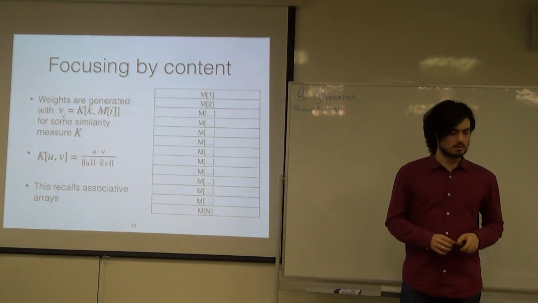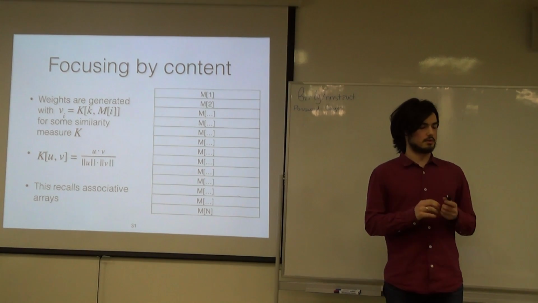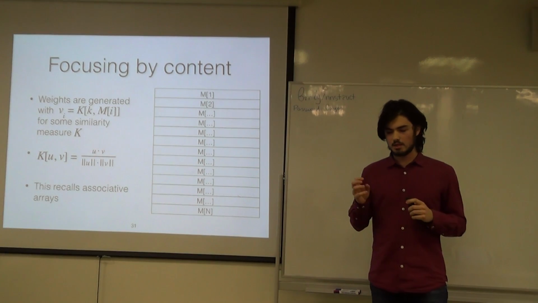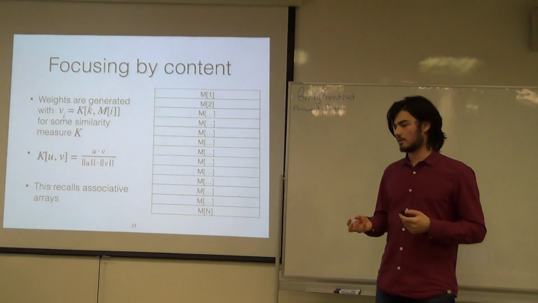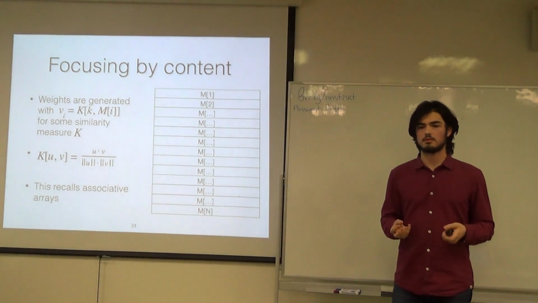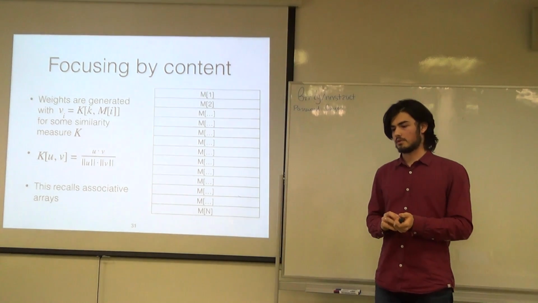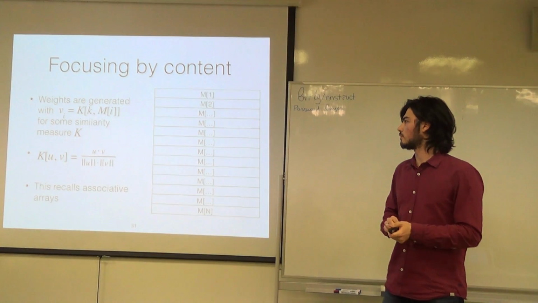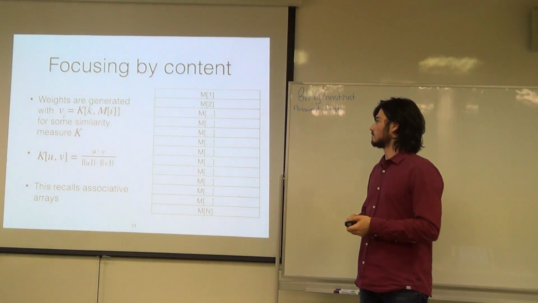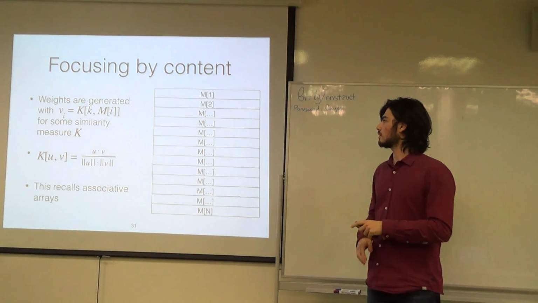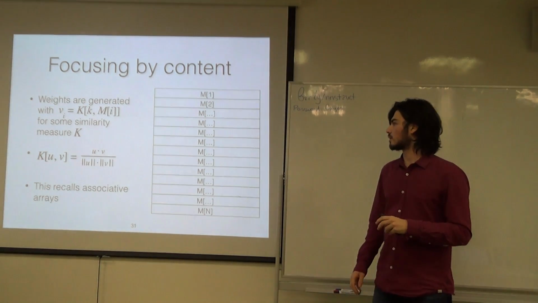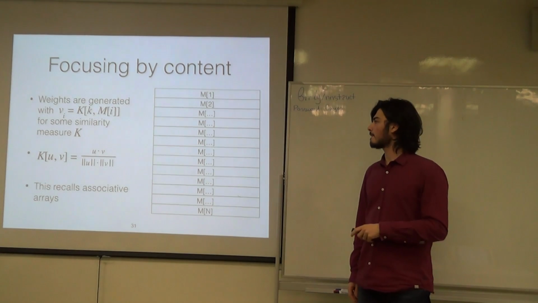Okay, so now the question is how we generate the vector, the weightings vi. The usual form is so-called focusing by content. So we take some key, like in associative arrays or dictionaries, using which we want to retrieve. For example, the key could be the word red, and then we would like to attend all the cells that are about the color red.